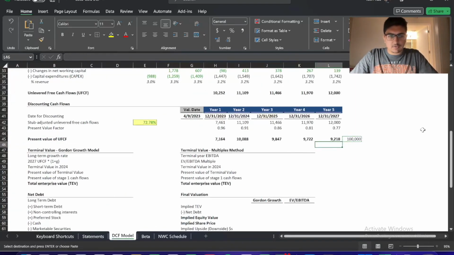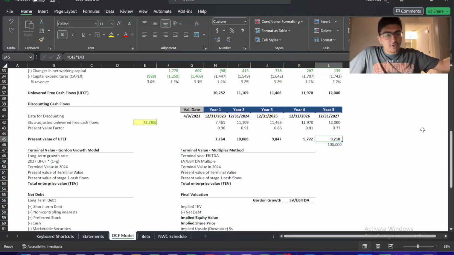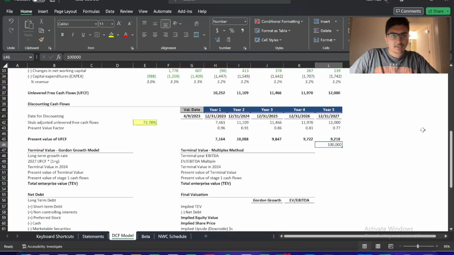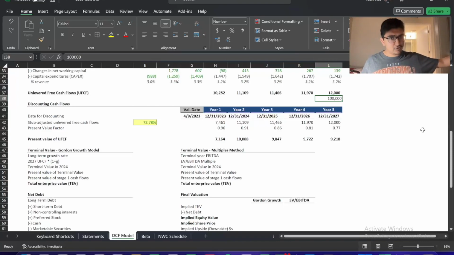So this 9 billion is the cash generated in 2027, discounted back to the present. And this cash is, let's just say, $100 billion. That 100 billion is all of the cash that Coca-Cola generates into the future after 2027, discounted back to 2027. And that we need to discount to the present.